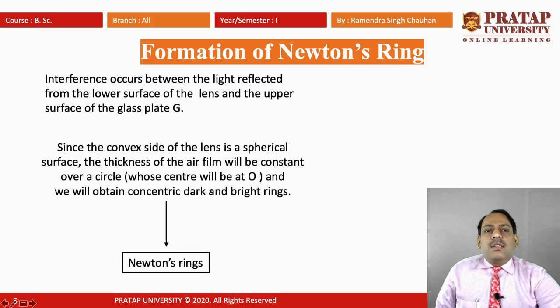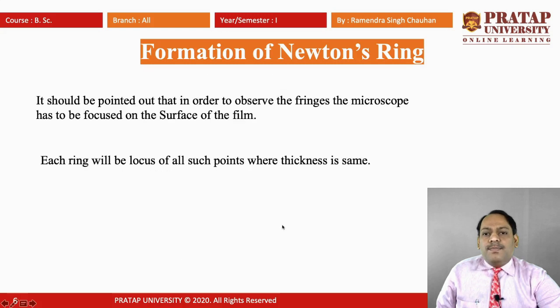Since the plano-convex lens has spherical symmetry, the locus of fringes of the same thickness will be a circular ring, and that circular ring is called Newton's ring. We observe these rings with the center at the point of contact O, and moving outward we find concentric rings, which are Newton's rings.